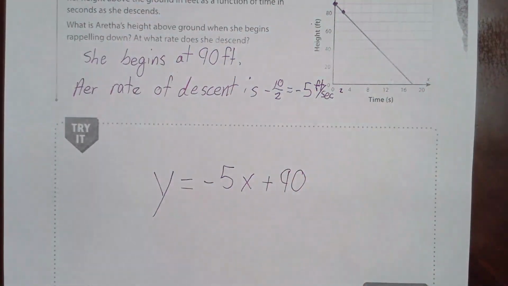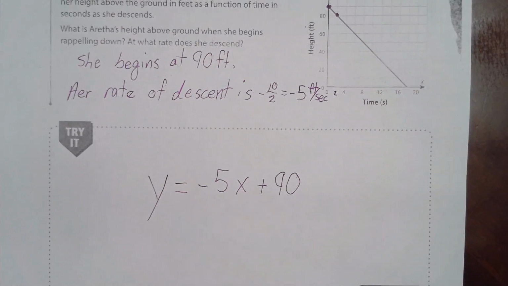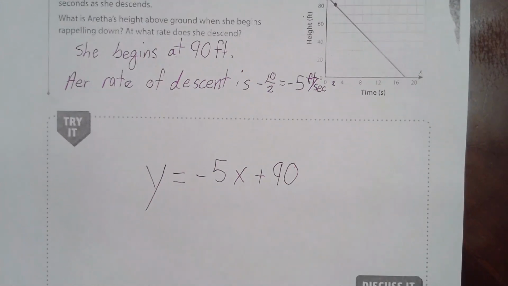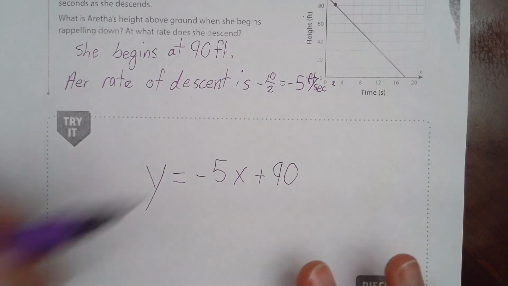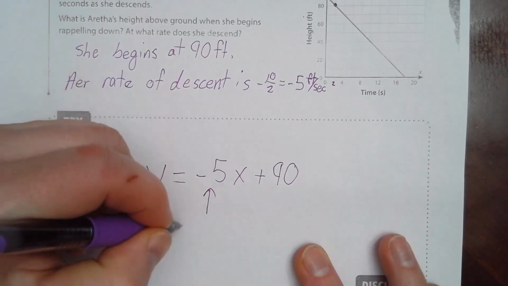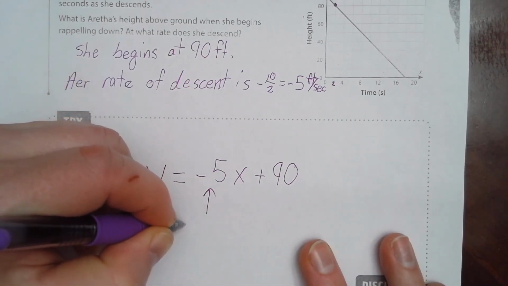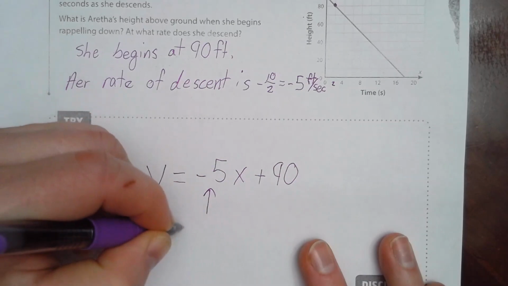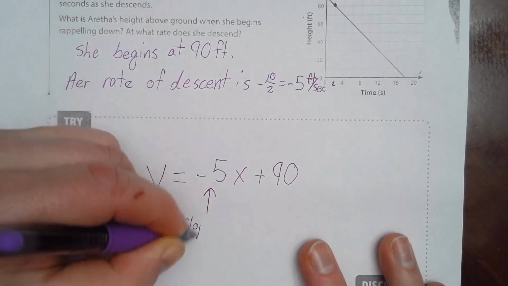Now, in this lesson, we're going to try to give these numbers some different words that help us understand them in the context of a story. So we've been calling this number that goes in front of our x our slope.